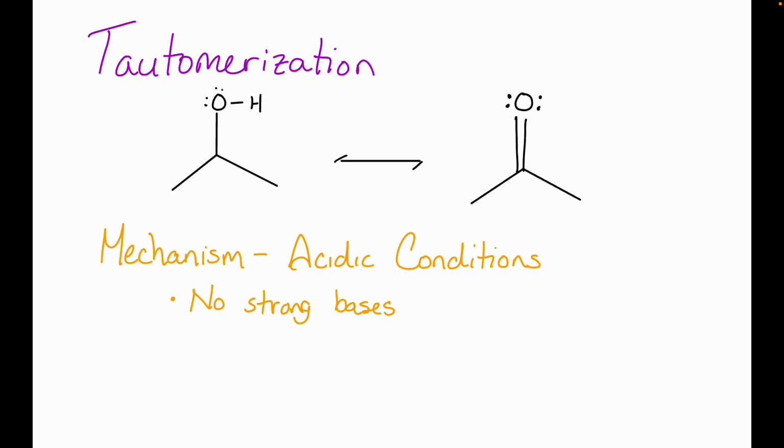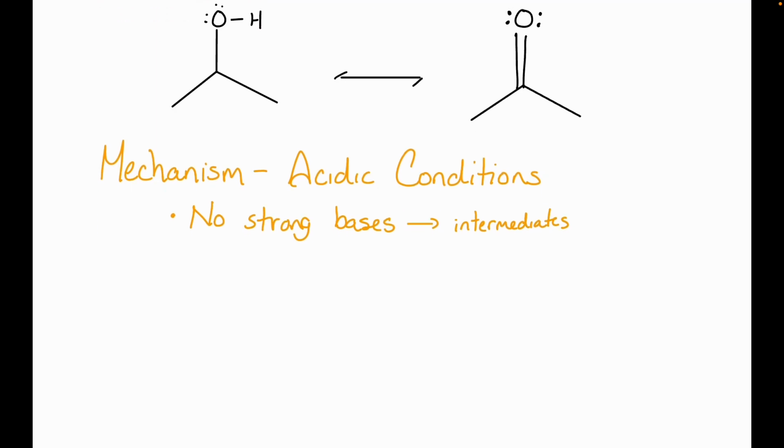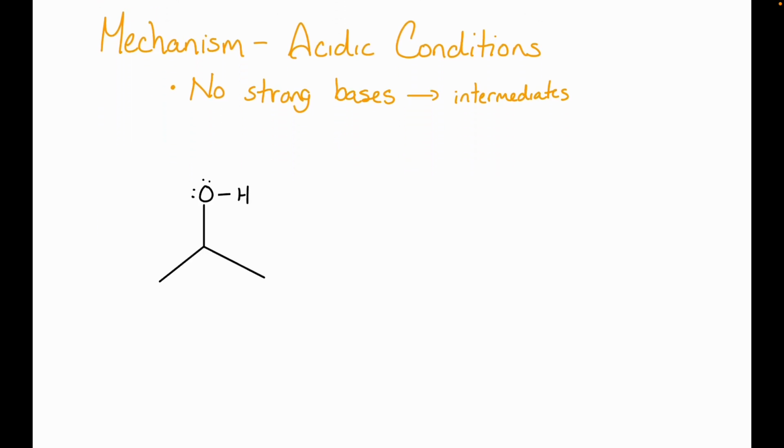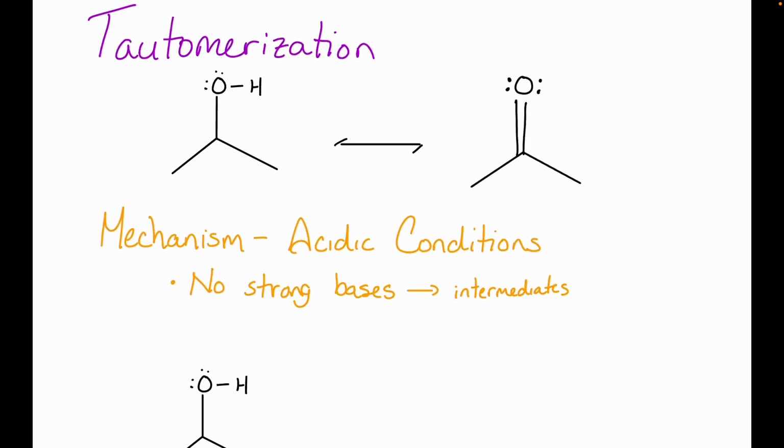So what does that mean in terms of our mechanism? This is also going to be true for our intermediates in our mechanism. None of those intermediates are allowed to be strong bases. So how is that going to influence our mechanism? Well, here's our, oh crap, this enol is missing something very important, the ene part.